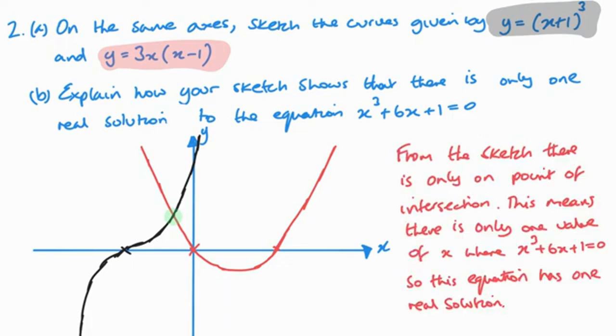One thing to note here, the x cubed graph is going to be steeper than an x squared graph, so these two won't meet at some point further up in the y direction.